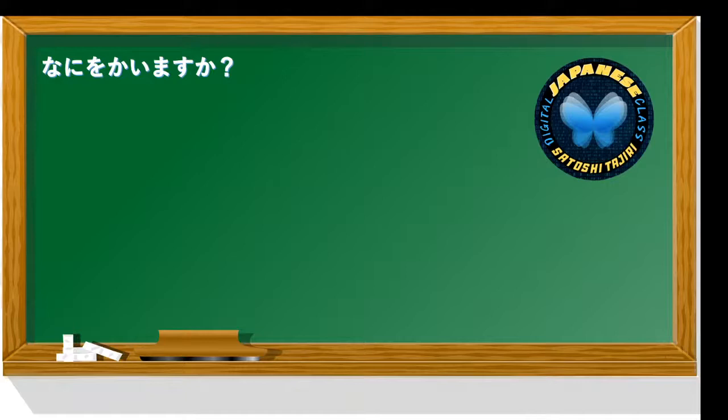Okay, how is it? How to say that one? We don't say nanmo. Nani mo. That's right. Nani mo kaimasen. Okay. Nani mo kaimasen. That's right. Nani mo kaimasen. I mean, you don't say nanmo. Nani mo kaimasen. I will not buy anything.